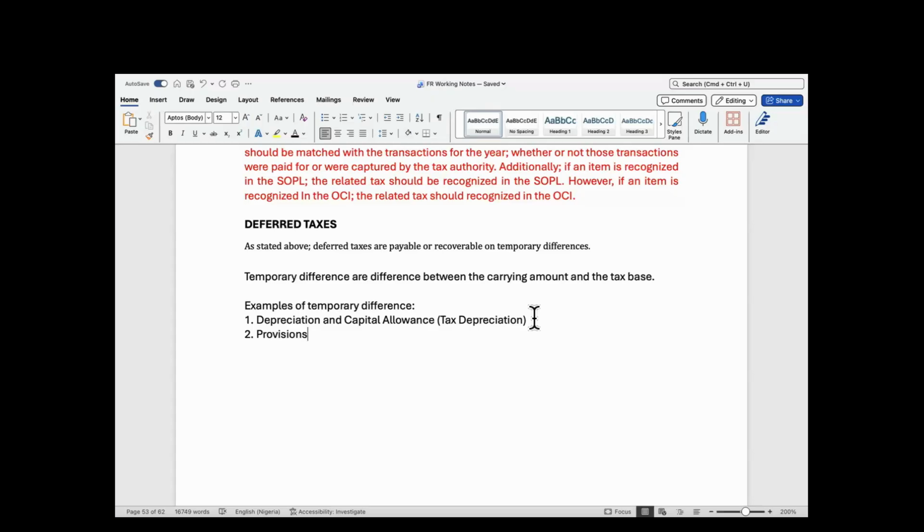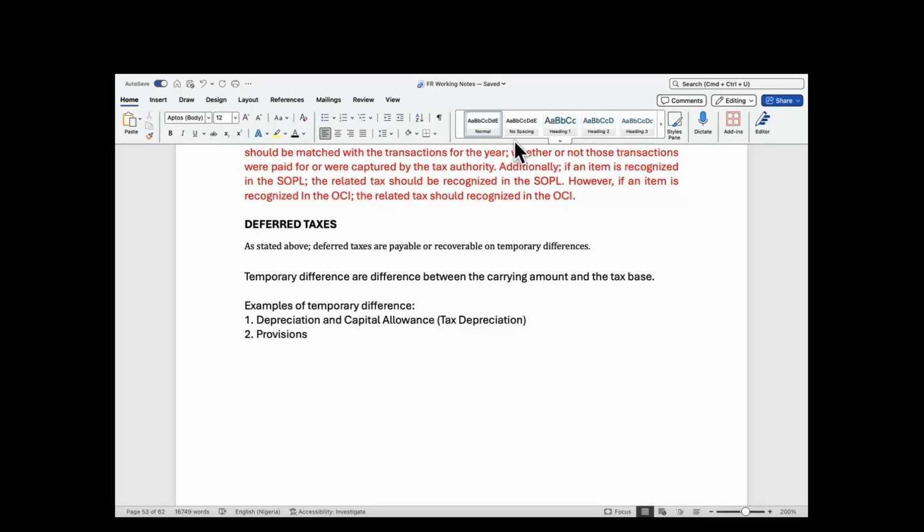Anytime you make a provision and you put it in your books, the taxman will not capture such provision. The taxman will say this provision is not necessarily incurred. They will say you have not paid for it.